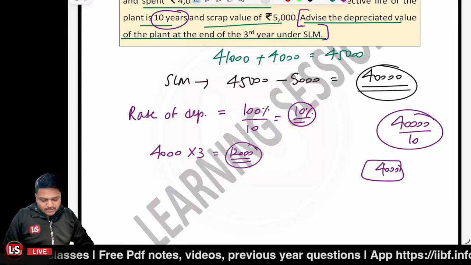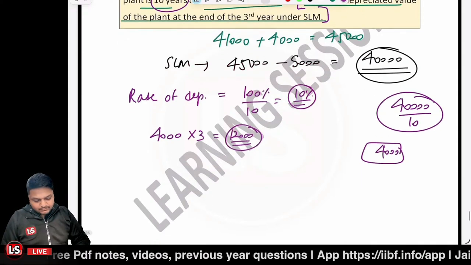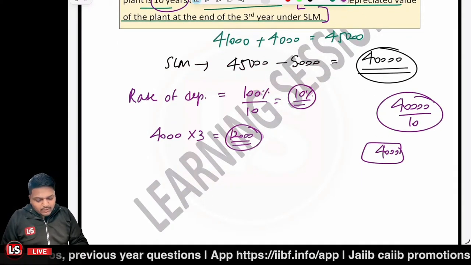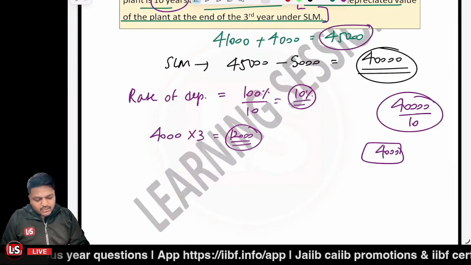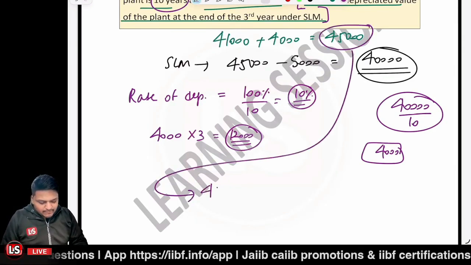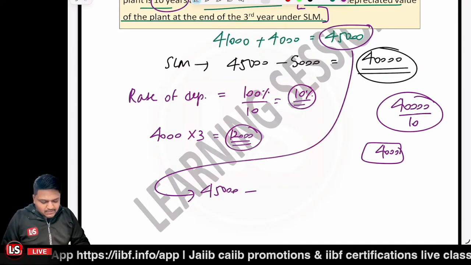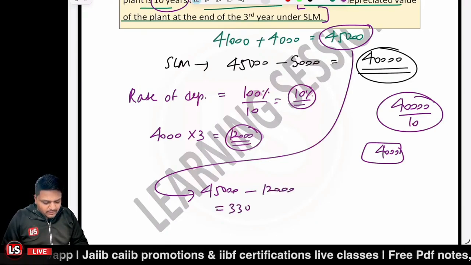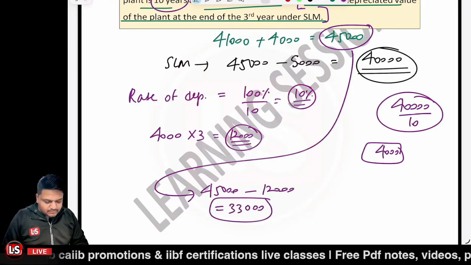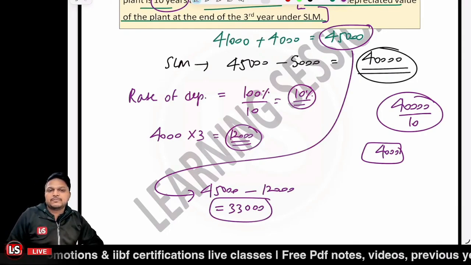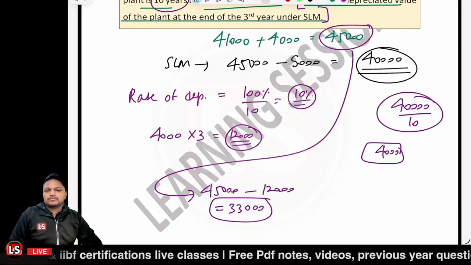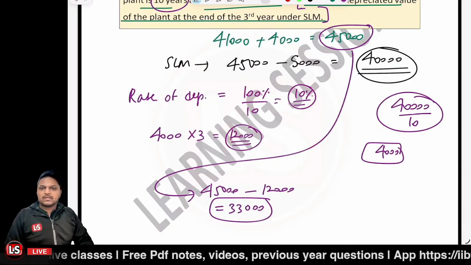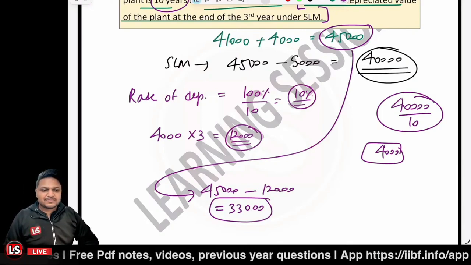And the total value of the asset is recorded to be 45,000. So it is 45,000 minus 12,000. So the depreciated value will be 33,000. Right? Is that clear to you? Kindly confirm if you have understood this numerical.